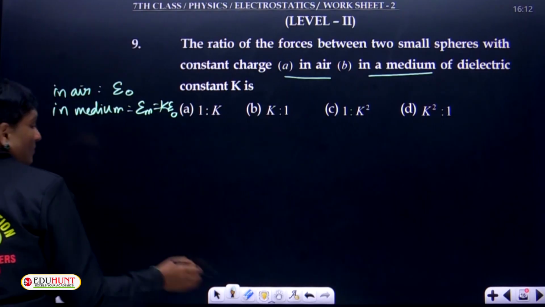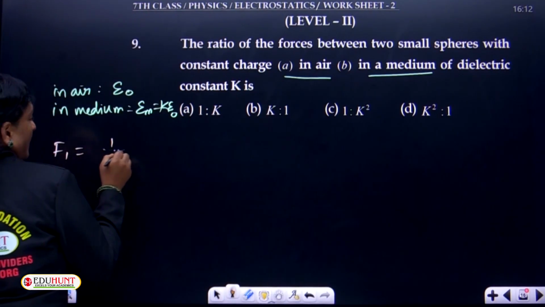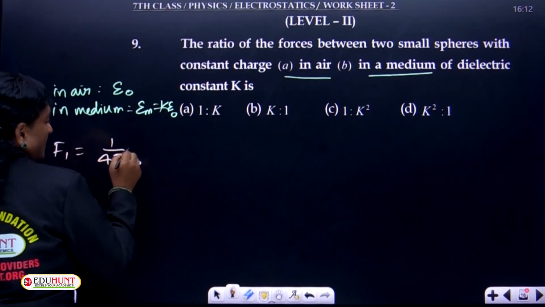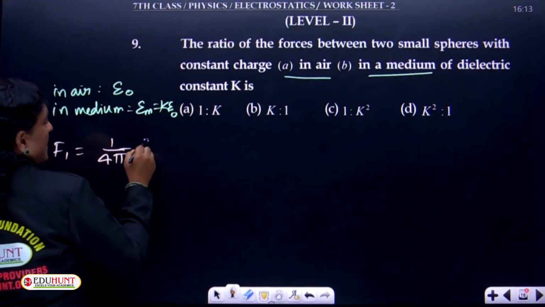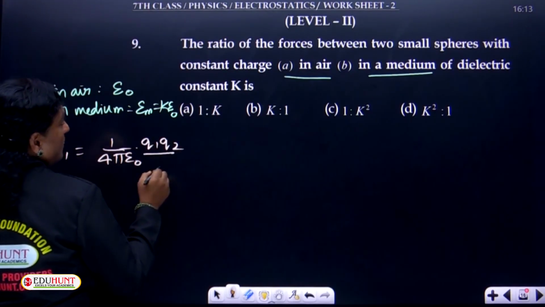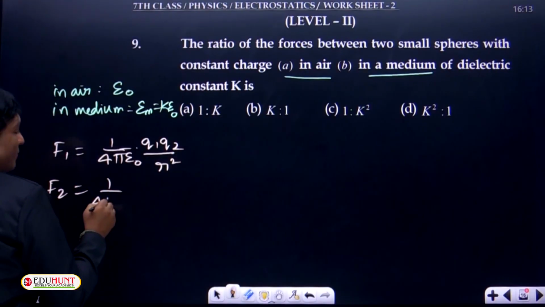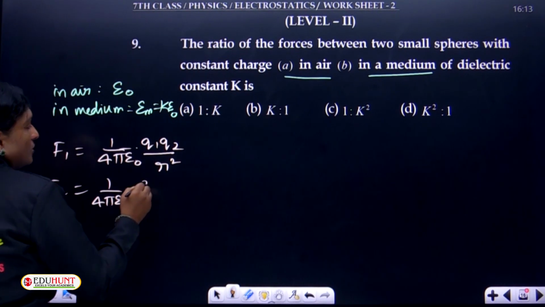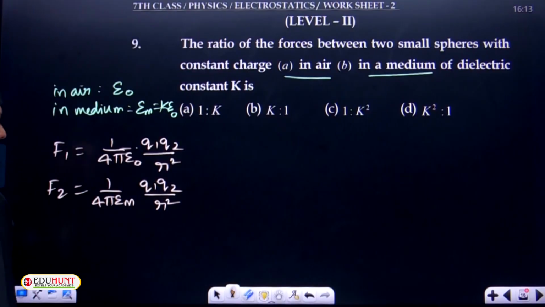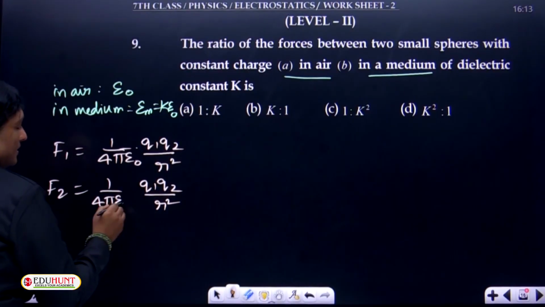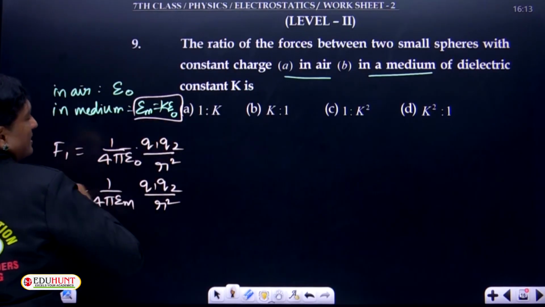Substituting here, we have the force F1 is equal to 1 by 4 pi epsilon naught, for two charges Q1, Q2, upon R square. And F2 must be equal to 1 by 4 pi epsilon M Q1 Q2 by R square. That's it. And we know that the value of epsilon M is equal to K times epsilon naught.